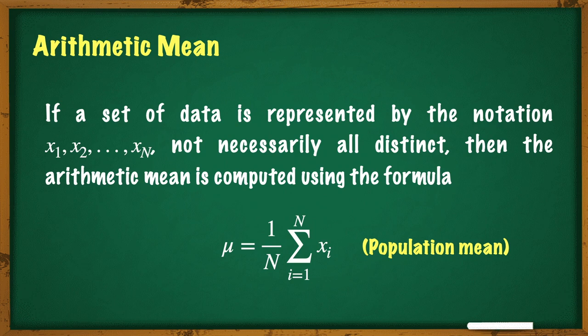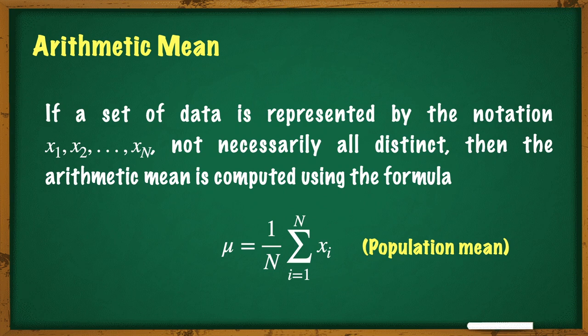The first measure of central location that I'm going to discuss is the arithmetic mean. If a set of data is represented by the notation x sub 1, x sub 2 to x sub n, not necessarily all distinct, which means that the observations in a set of data could be repeated, then the arithmetic mean is computed using the formula mu equals the summation of x sub i, where i ranges from 1 to n, all over n.